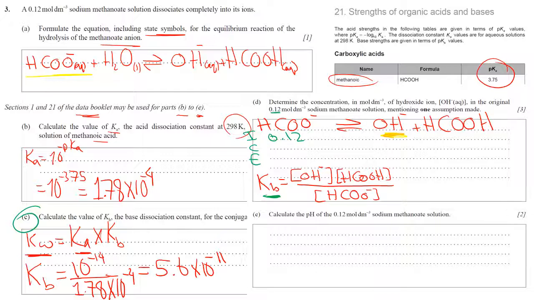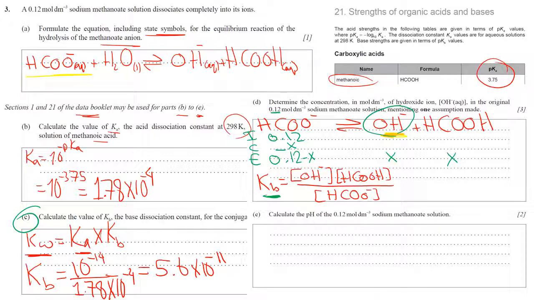The change should be the concentration of OH that we wish to calculate, so it will be minus X. So the equilibrium will be 0.12 minus X, and we have OH is X, HCOOH is X because we have the same mole ratio, so they have the same amount.